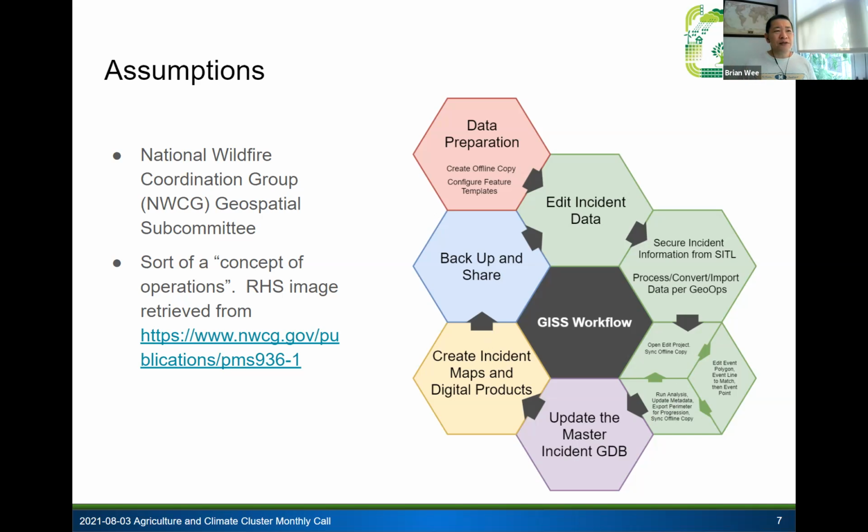I didn't want to spend too much time on this diagram, except to mention that this is kind of a natural progression of things, and of course there are a lot of ways you can do this, and we shall not be focusing on how this can be done for this presentation.